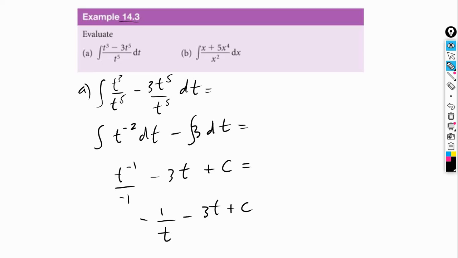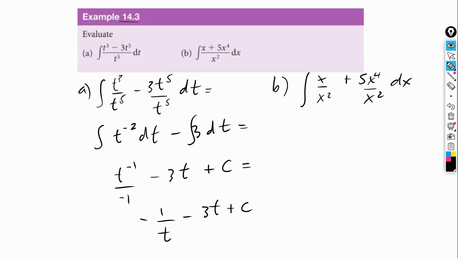Then for b, we would proceed in a very similar way, right? We can split this, separate it. So we can say that this is the same as x over x squared plus 5x to the 4, and then this over x squared and dx.